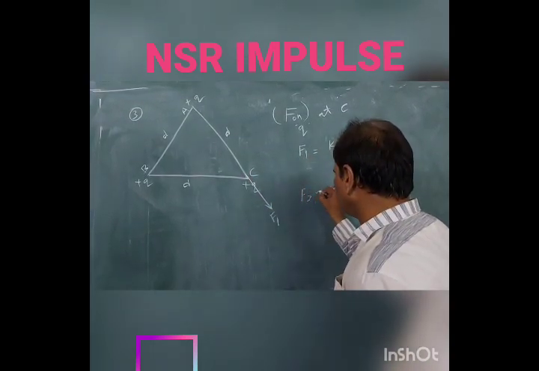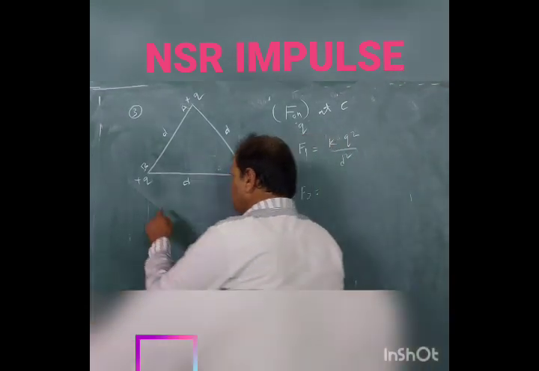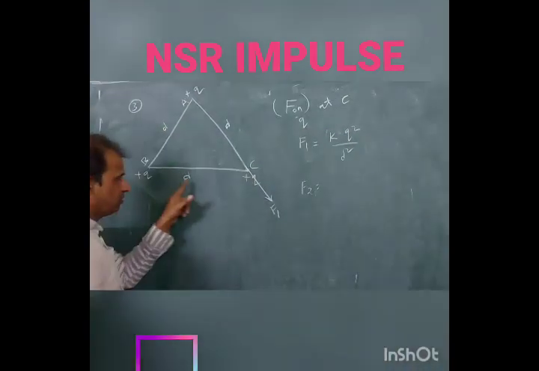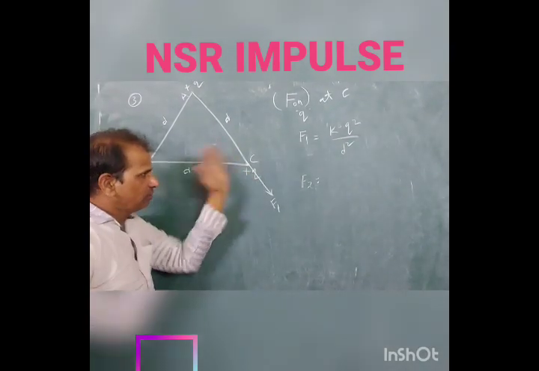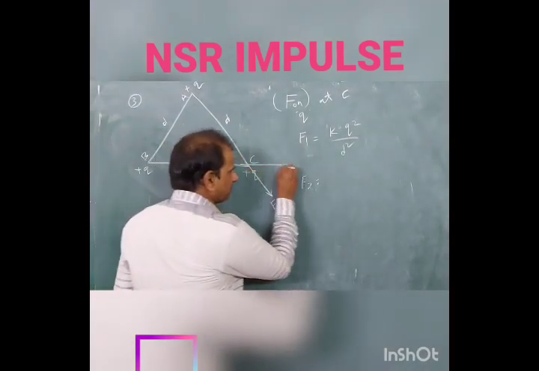Next F2. What is F2? This positive charge will also repel this positive charge, which means this will be thrown in this direction.